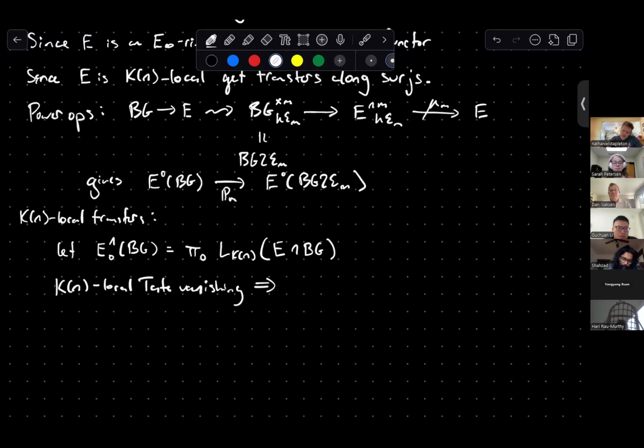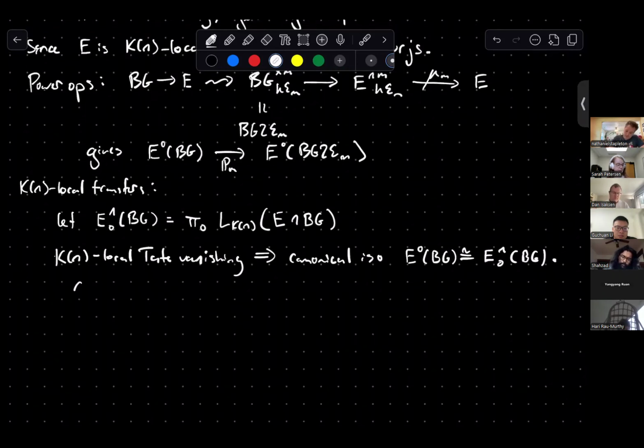K(n)-local Tate vanishing tells us that there's a canonical isomorphism between the E cohomology of BG and the completed E homology of BG. And so that's a really amazing fact.